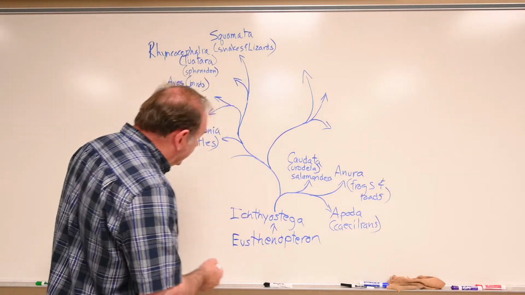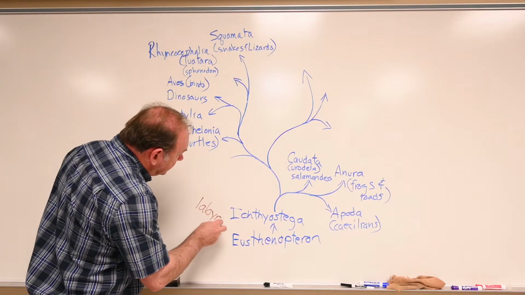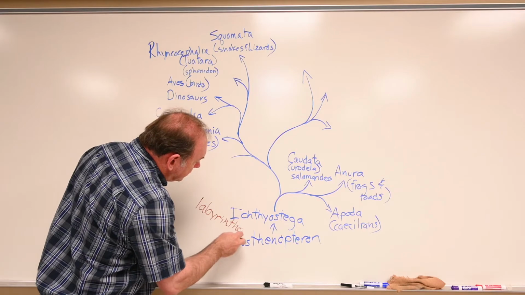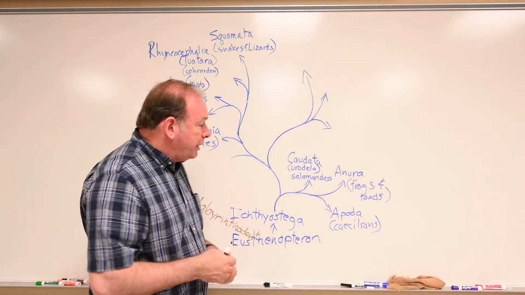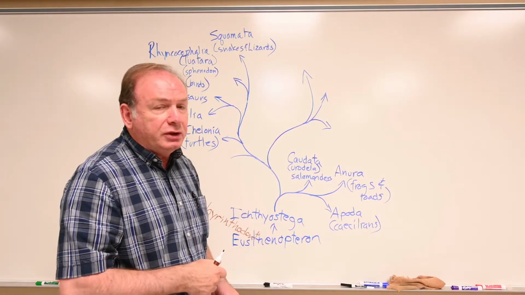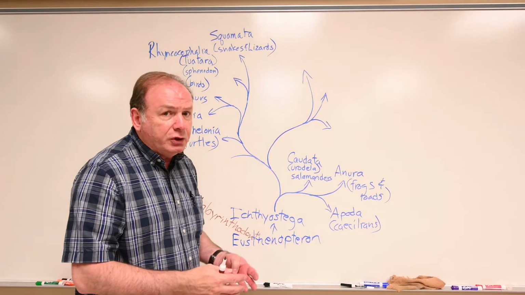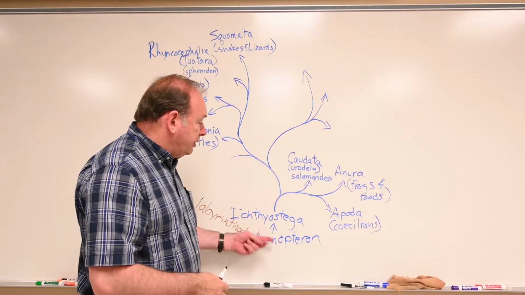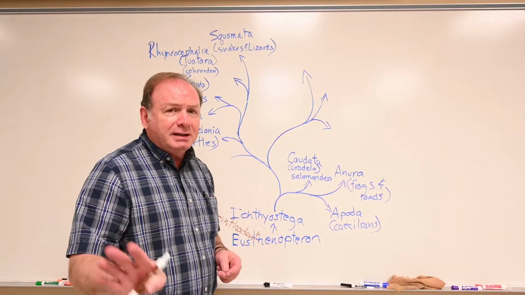Remember we mentioned the labyrinthodont tooth. Meaning it has kind of folds all the way around it. So that's something that links these two, a fairly unique characteristic. There's a lot of other skeletal features that are common to Ichthyostega and Eusthenopteron. Ichthyostega also has fin rays in its tail.